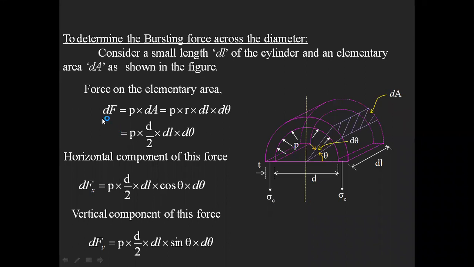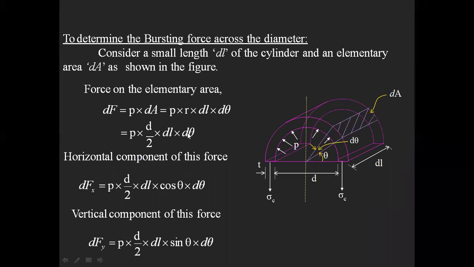This is the bursting force acting on the elementary area, which is P into the elementary area, d by 2 times dl into d theta. We distribute this resultant force into horizontal and vertical components with respect to angle theta.